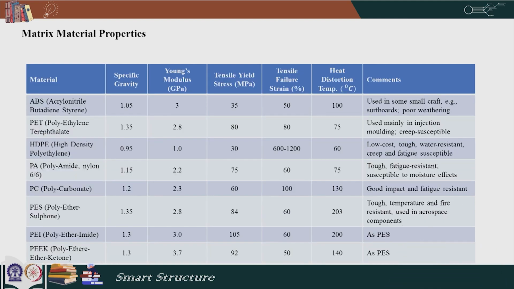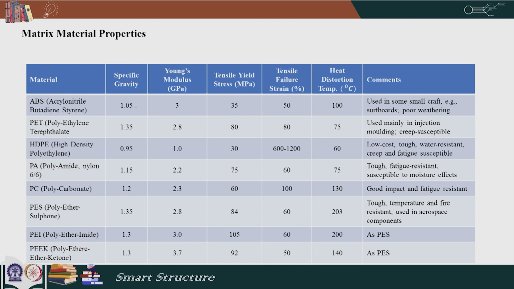Then comes the matrix which is thermoplastic. Here, after curing we can heat it and melt it. Now, there are different types of these polymers. ABS is used in small craft, for example surfboards, but it has poor weathering.